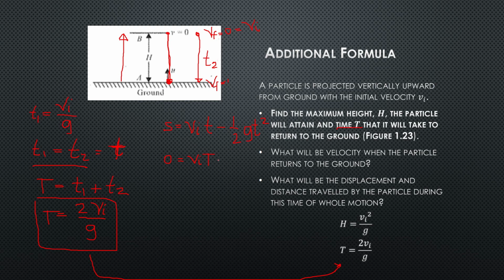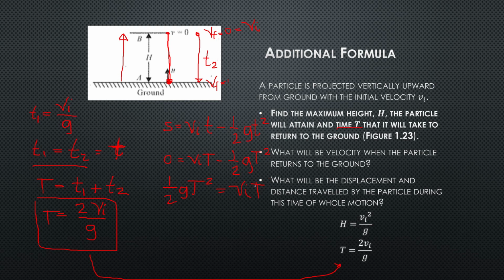Okay, so minus 1/2 acceleration due to gravity times time squared. Now simplifying, 1/2 gt squared will be equal to initial velocity multiplied by time.